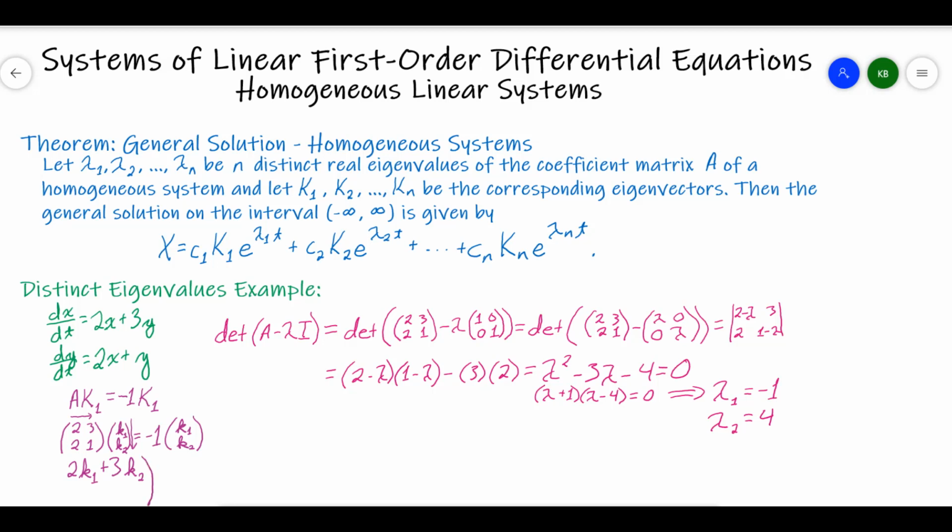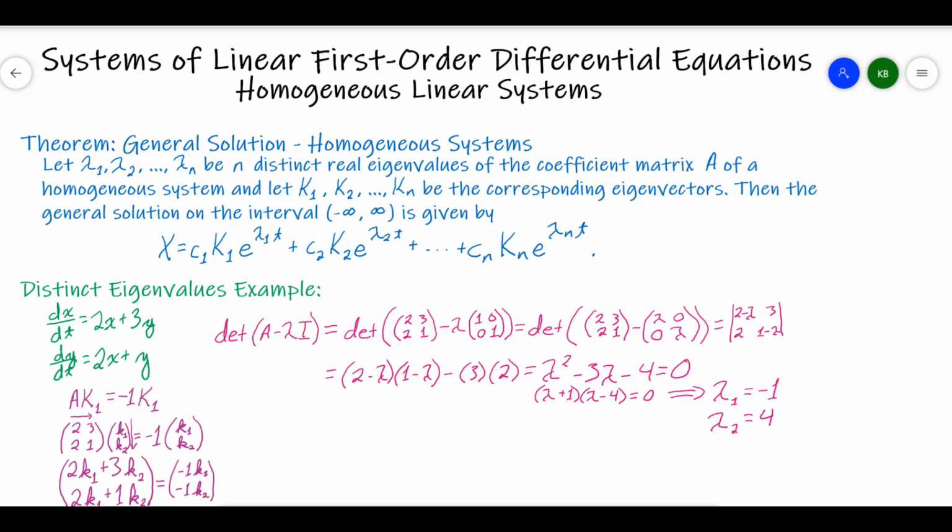And that's going to be my top entry since it was the top row of my matrix that I was multiplying by. Now I'm going to use the second row of the matrix to multiply, and I'm still going to be multiplying down the vector, and it's going to give me my second row of the vector that's my solution to this. So I'll have 2 times K1, and then I'll be taking 1 times K2, so plus 1 K2. And this is going to equal multiplying negative 1 times K1, K2 gives me negative 1 K1 and negative 1 K2.